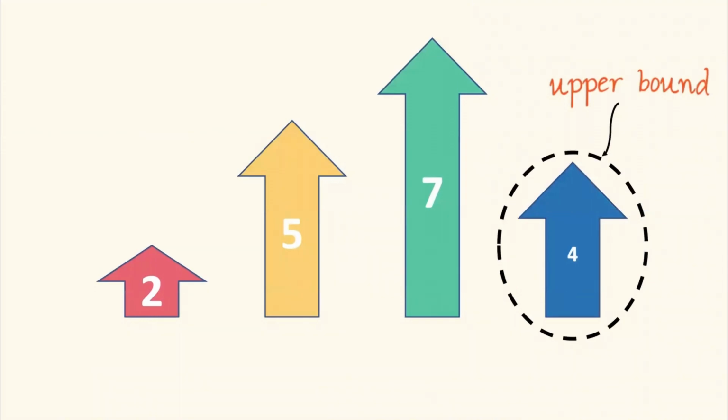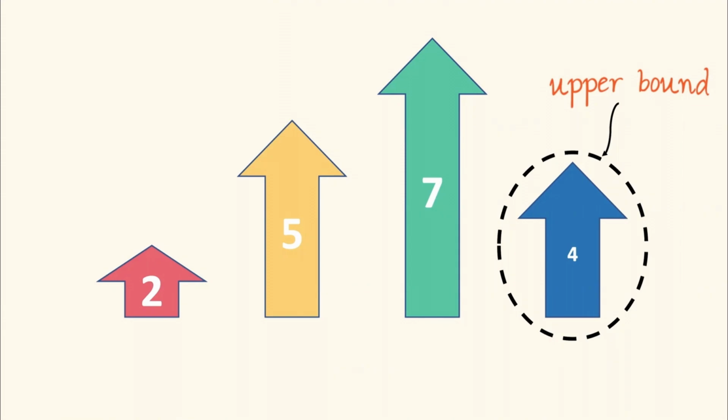But first you have to observe one thing. You will always have one upper bound on the right side of the array. If you want to break 7 to form an array in ascending order, you don't have to exceed the upper bound which is there on the right side of the array.